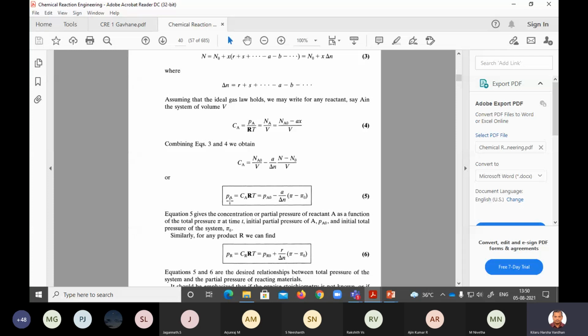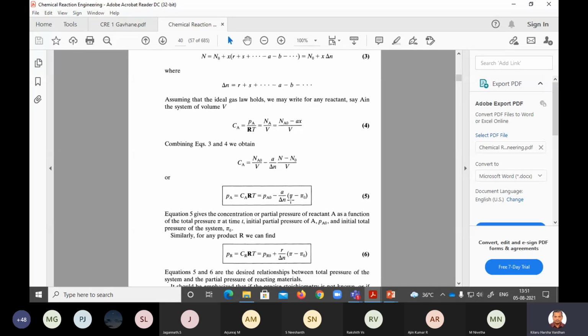He is giving you conversion or partial pressure. PA is the partial pressure. Total pressure is pi at time t. Initial partial pressure of A is PA naught, and initial total pressure of the system is pi naught. Pi naught is always the initial value. Pi and PA are at the final time. P gives you partial, pi gives you total, right?